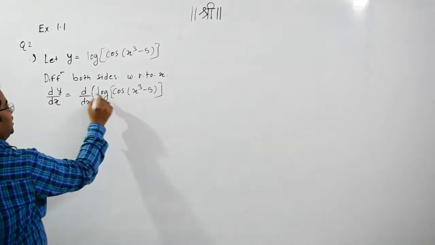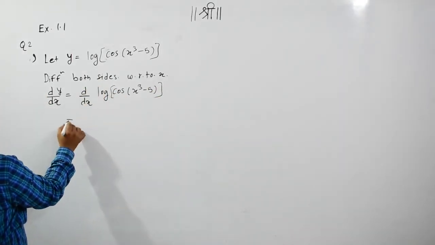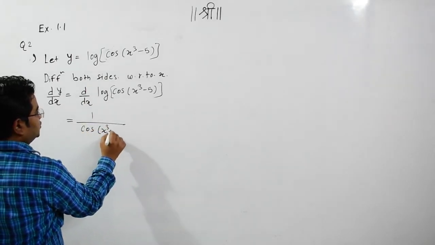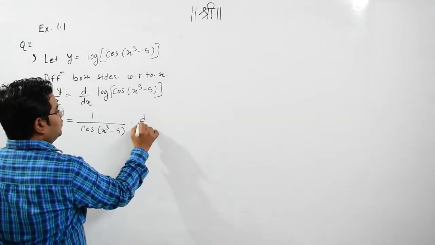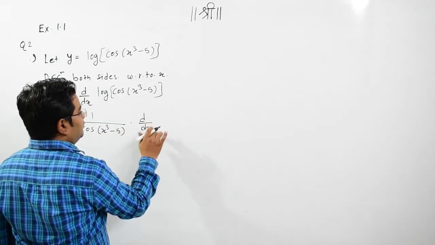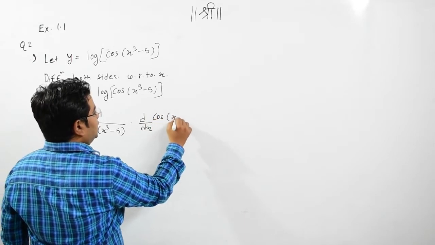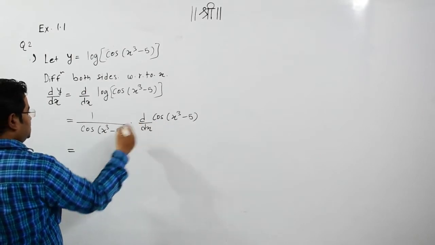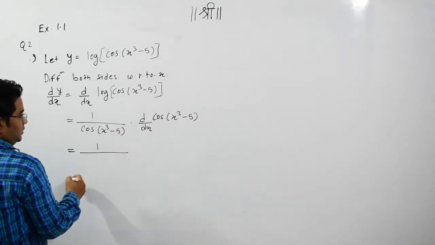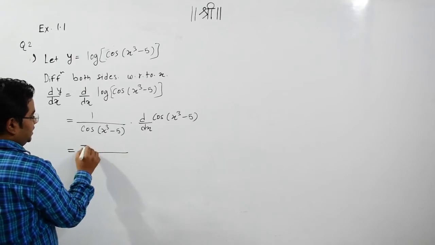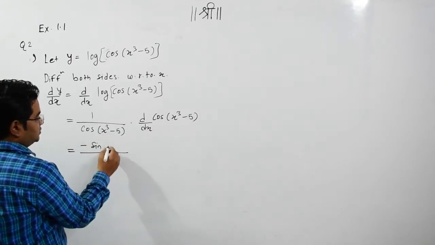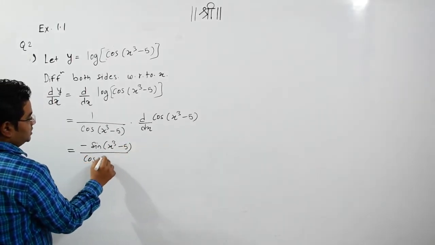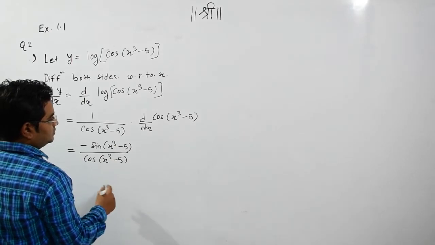Derivative of log of f of x will be 1 upon f of x, meaning 1 upon cos x cube minus 5, into d upon dx of f of x, meaning cos x cube minus 5. Again we need to find the derivative of cos. What is the derivative of cos? Minus sine. So minus sine x cube minus 5 divided by cos x cube minus 5.